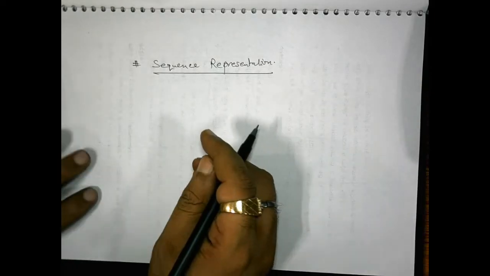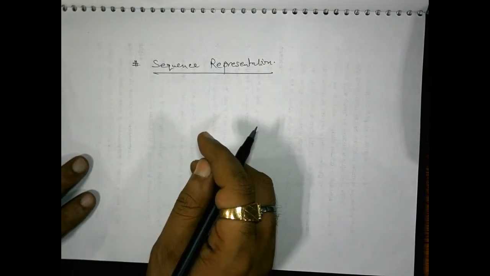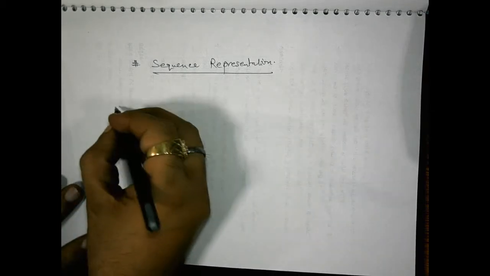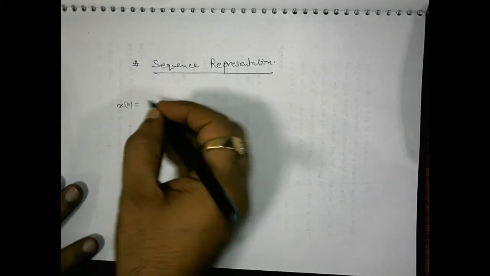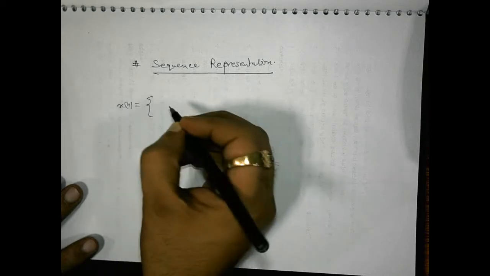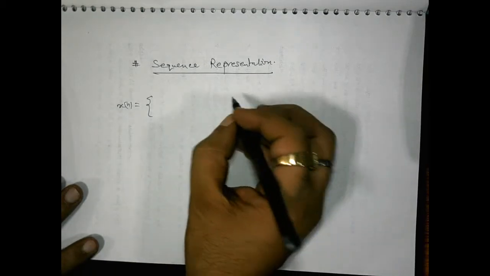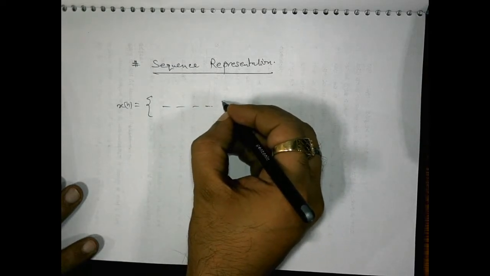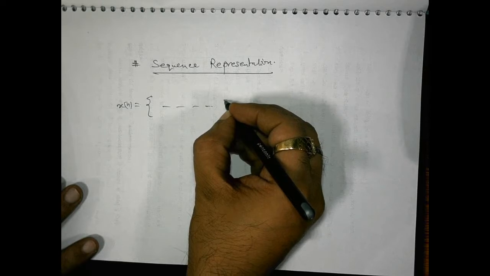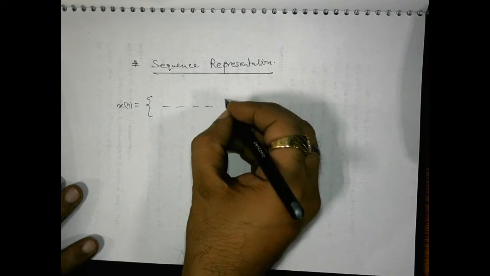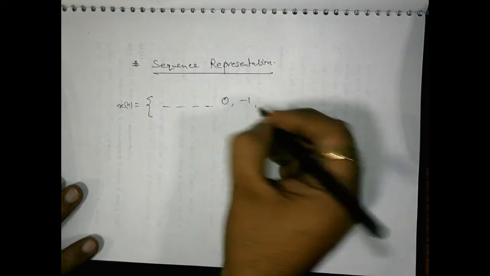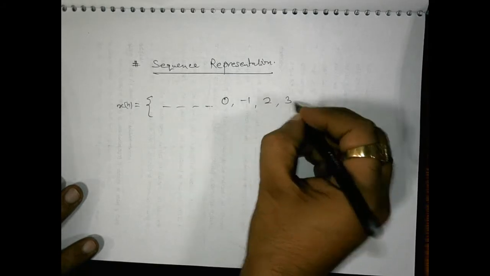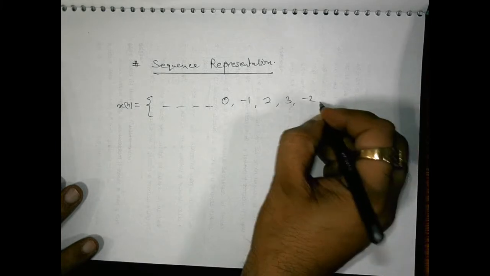In sequence representation, we represent signals in the form of sequences, and sequences can be represented like, say, xn equals to ..., 0, -1, 2, 3, -2 and so on.